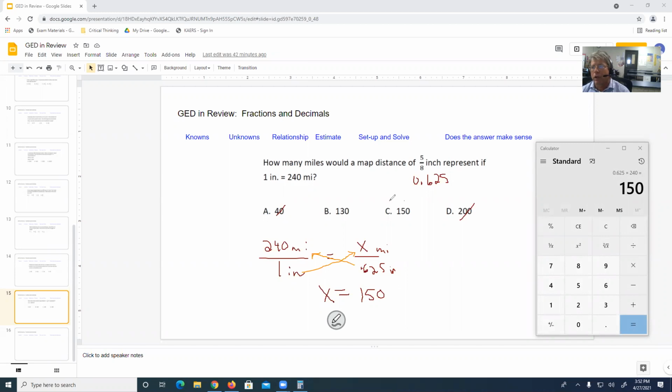So one way of doing that is using a proportion. The estimate only gets me so close on that one. And I really don't know any other better ways than that at this time. That's my best strategy. May not be the best, but that's what I'm seeing there.